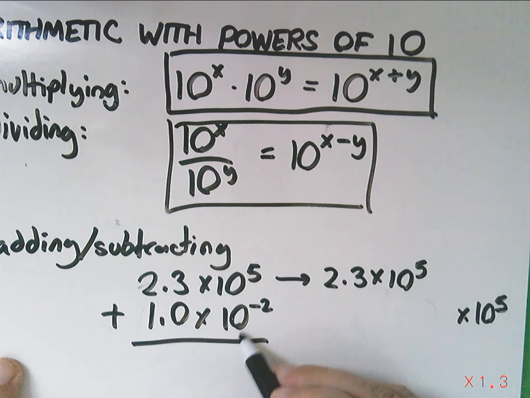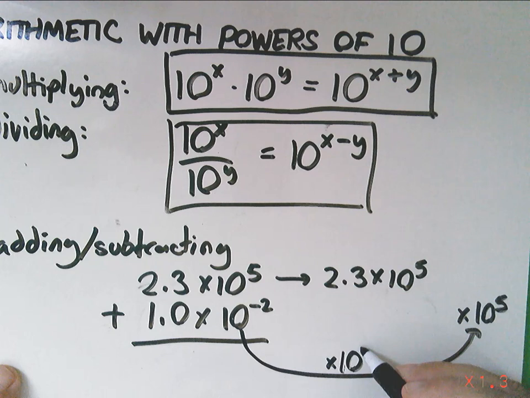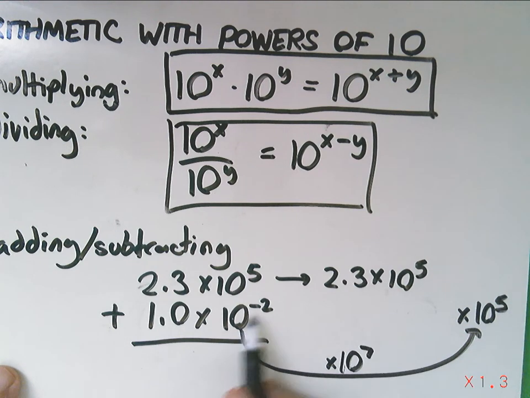It went from 10 to the minus 2 to 10 to the 5. So it's like I multiplied by what? 10 to the what times 10 to the minus 2 gives you 10 to the 5? 10 to the 7, right? Because then 10 to the minus 2 times 10 to the 7 would be 10 to the 5.